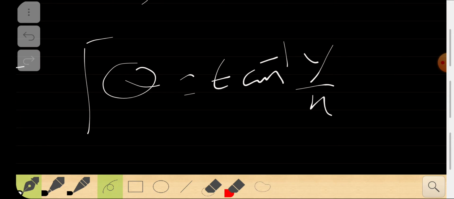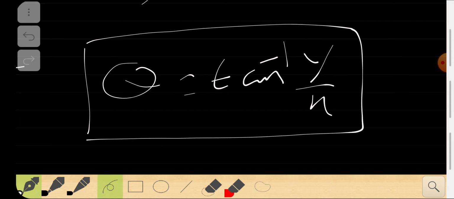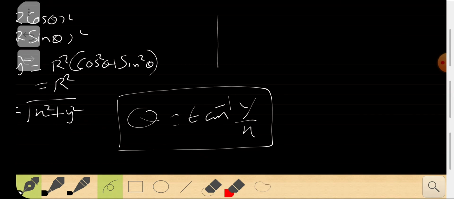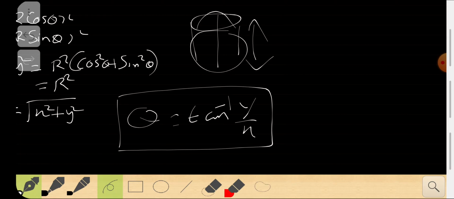You can use these basics for both systems, polar as well as cylindrical. They are identical except that there is a z axis. You can go in a cylinder. It's different from a circle because it has a height. That's the only difference: the cylinder is a three-dimensional aspect, whereas the circle is just two-dimensional.